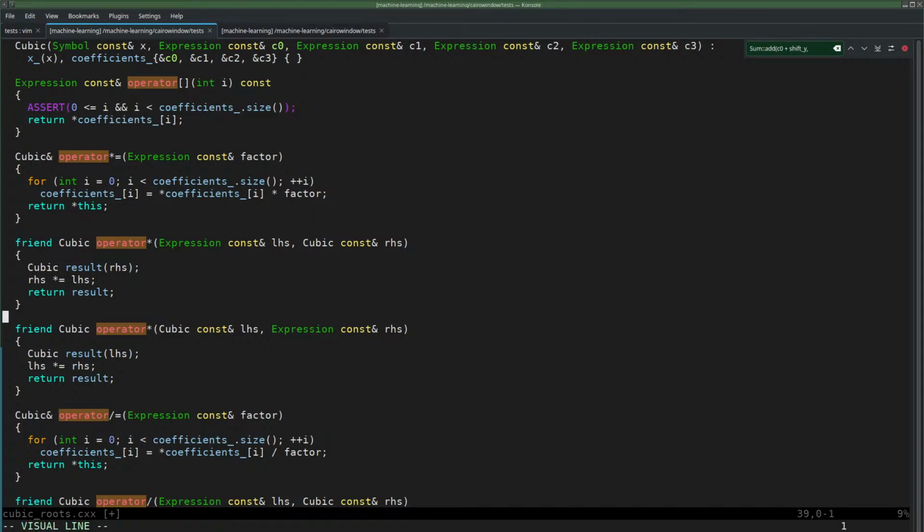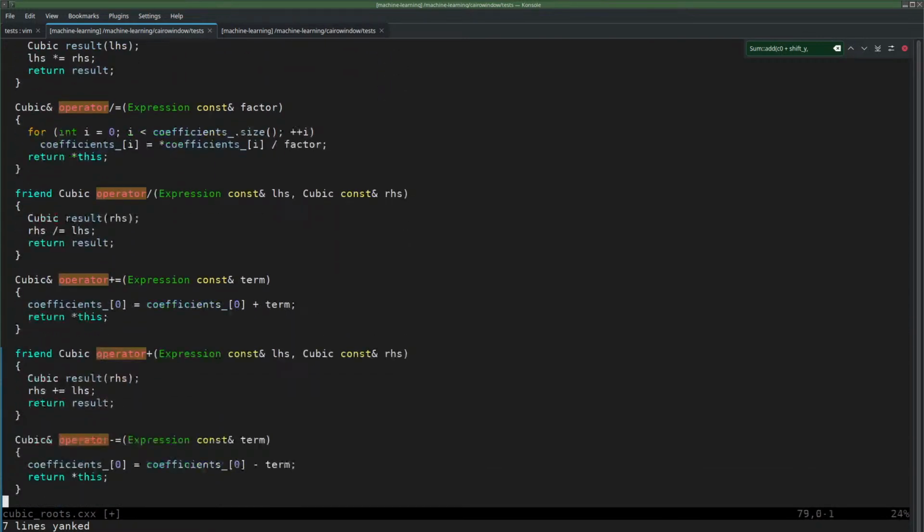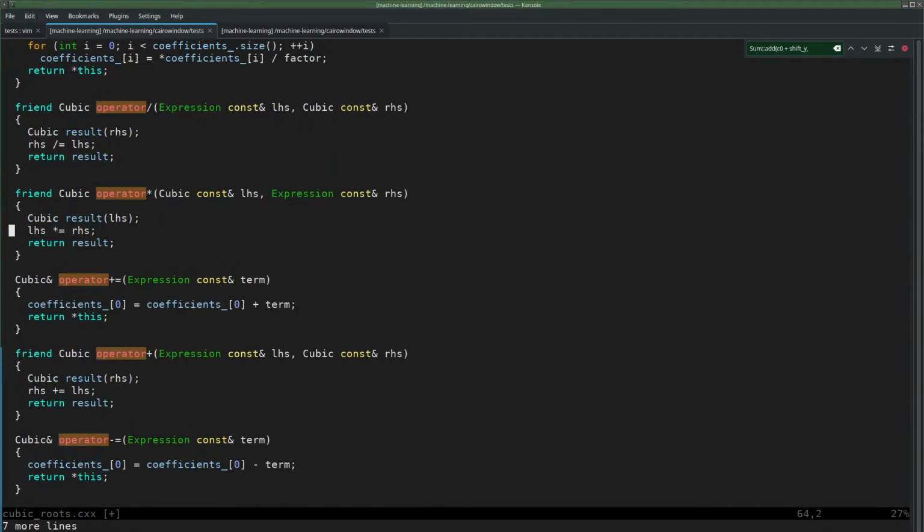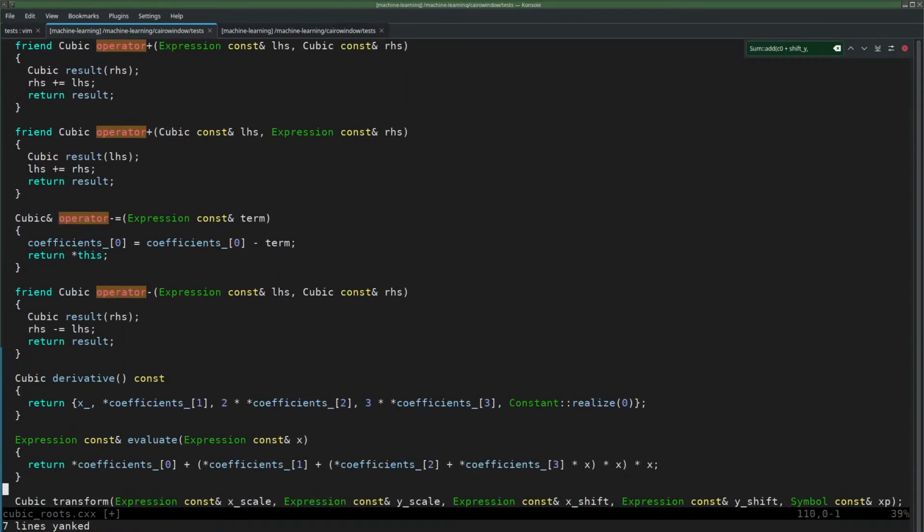And then we're going to do the same thing for division. And addition. And subtraction.